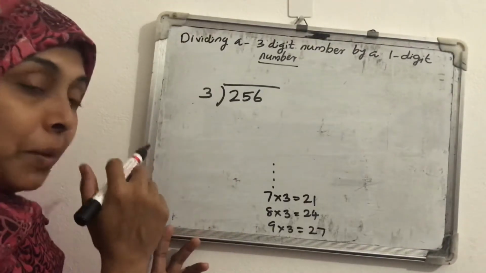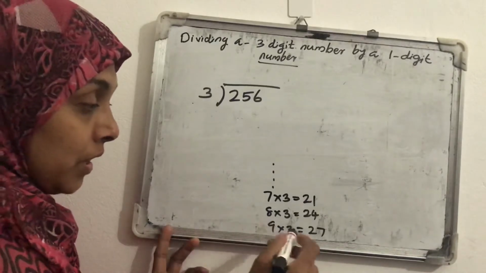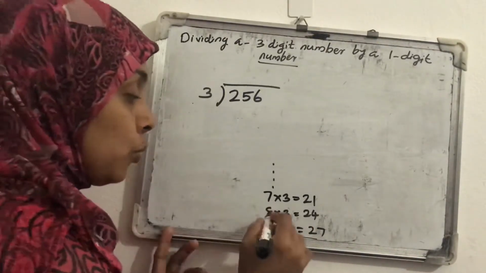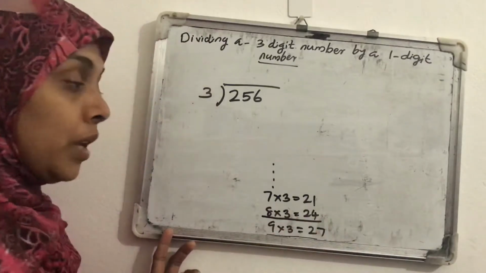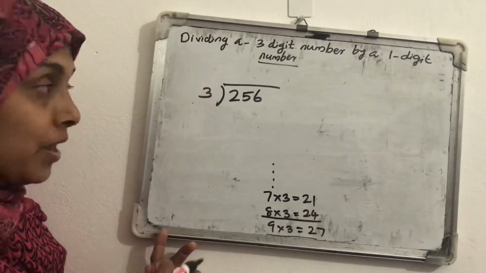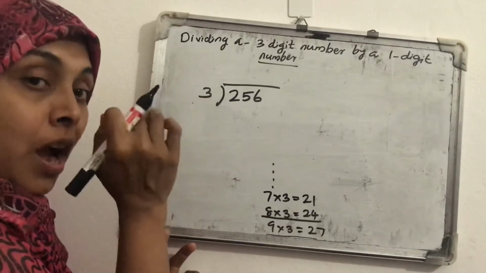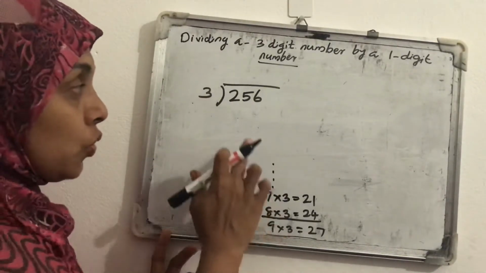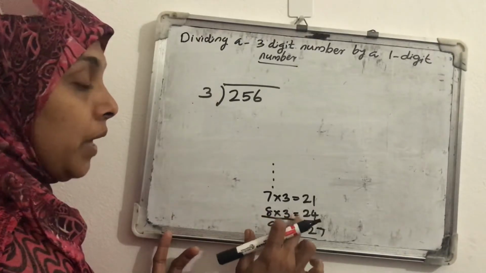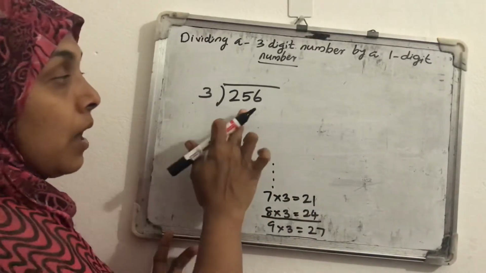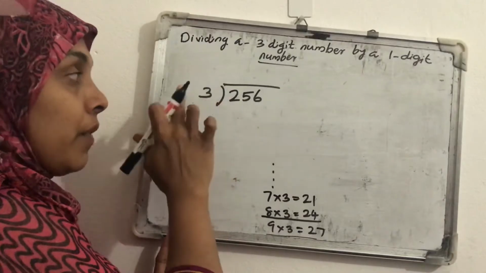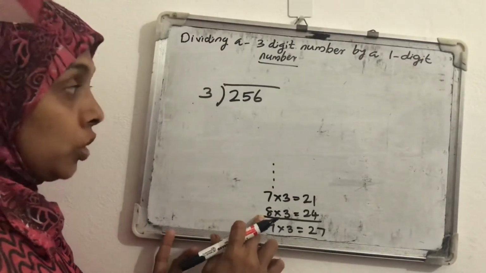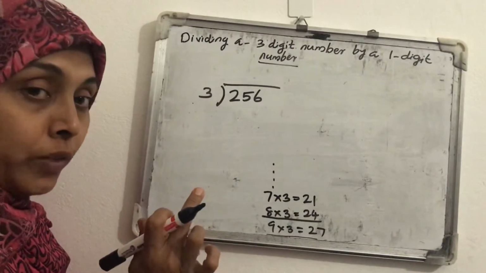So which multiplication factor will we take? This 9 into 3 or 8 into 3? Only 8 into 3 is possible, 24, because we are finding how many 3's in 25. Then what will be the answer? 25 divided by 3 we can take 8 because 25 is not a multiple of 3.